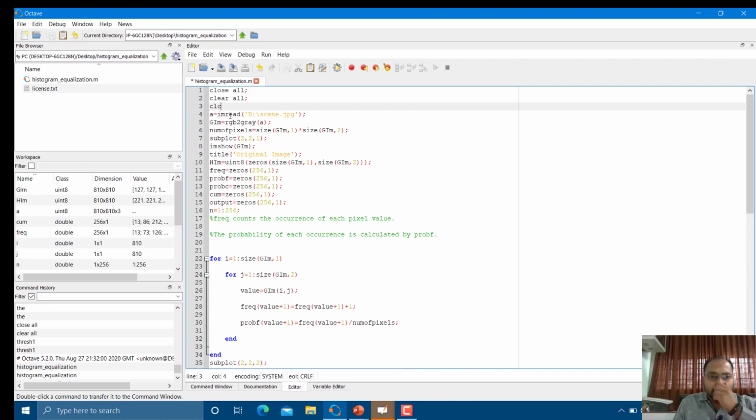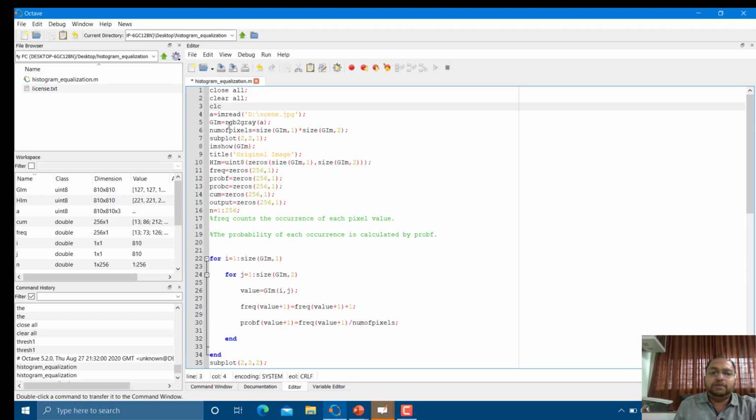So this is nothing but the imread function which is going to read the image, and the path of that particular image we need to mention over here inside this bracket. So d colon scene is the name of that particular image, and its extension is dot jpg.